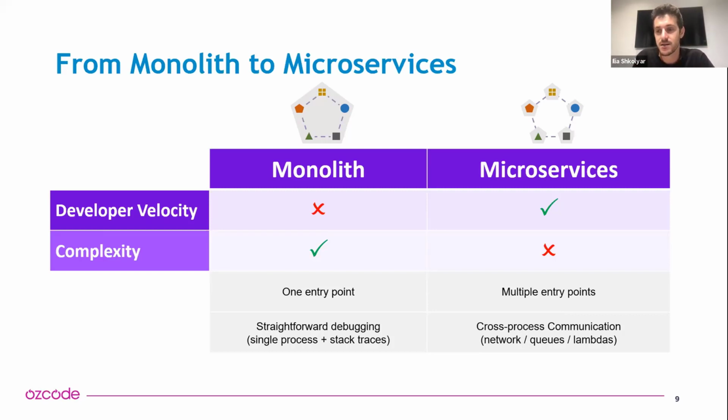And when you debug such a process, it usually is kind of straightforward. You can add breakpoints. When you have an error, the stack trace is really helpful because you can actually see the classes and the functions that were called really easily and you understand the flow.